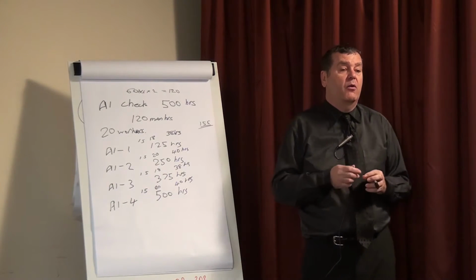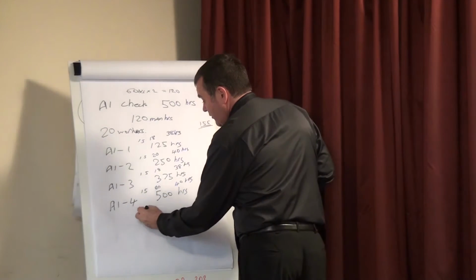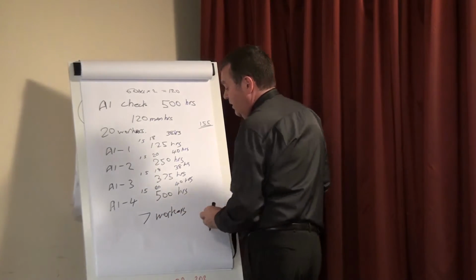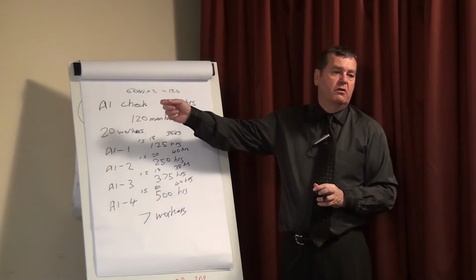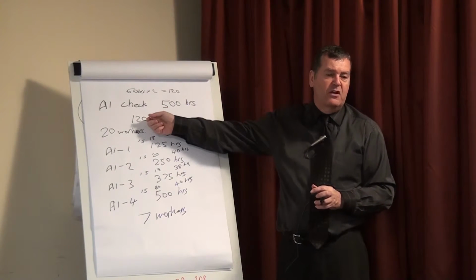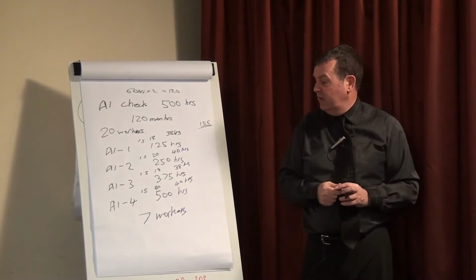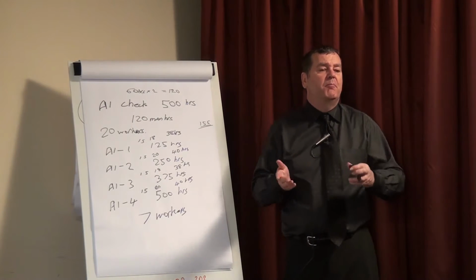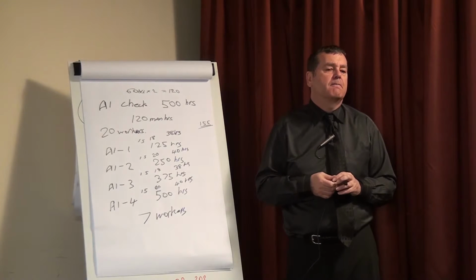So what we understand now is, in actual fact, 7 guys is enough. So previously I needed 20 workers to look after this aeroplane, because every 500 hours they were going to do a check. Now I can manage this operation with 7 workers. And that's an example of the decisions that the operator has to make.